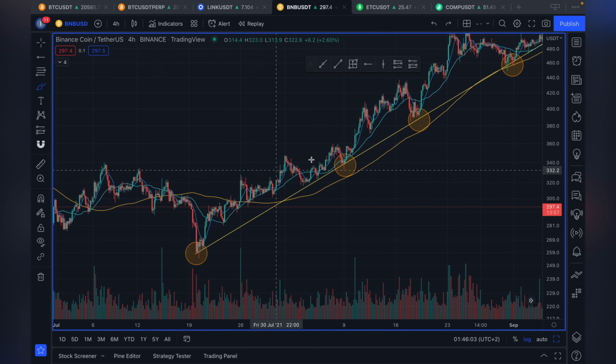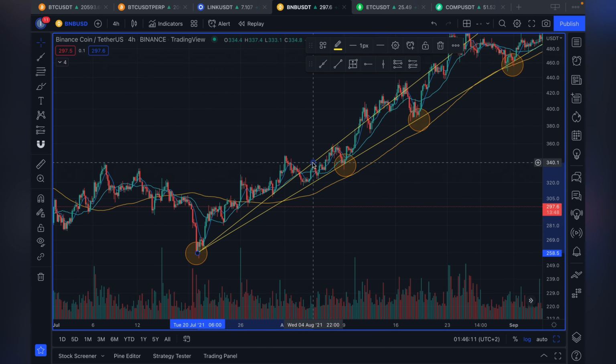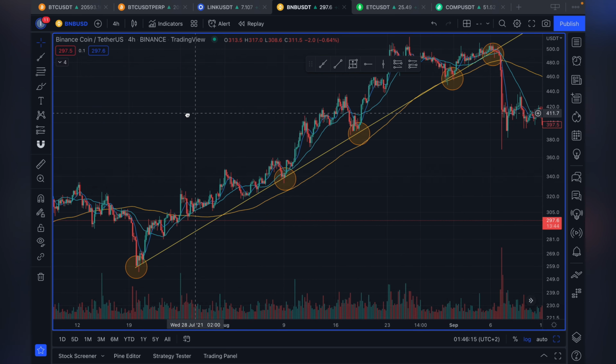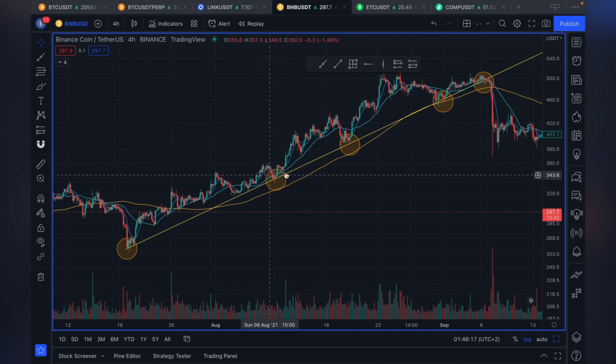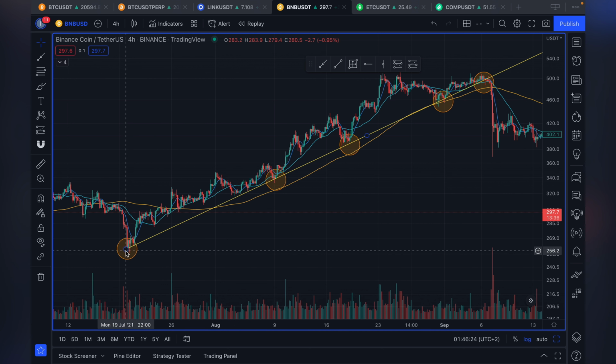And for example, if I don't see all this situation and I see only this, I can make something like that, but it's so short. But I use the most significant ones, and there are just several ways you can make your trend lines.